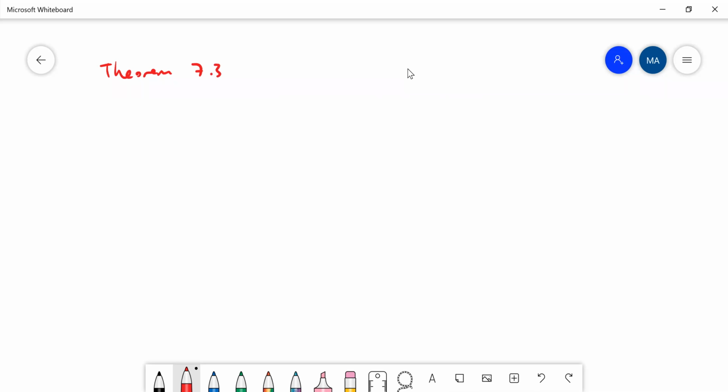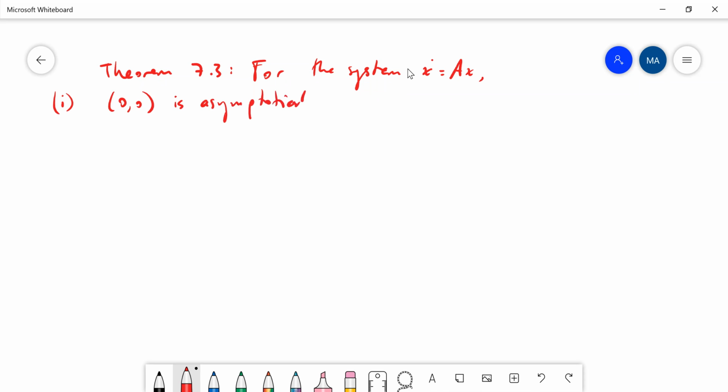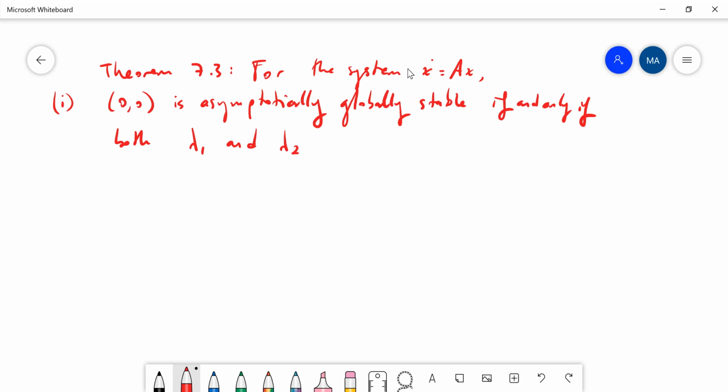Theorem 7.3: for the system x dot equals Ax, 0, 0 is, yes, so first item, 0, 0 is asymptotically globally stable if and only if both lambda 1 and lambda 2 have negative real parts.